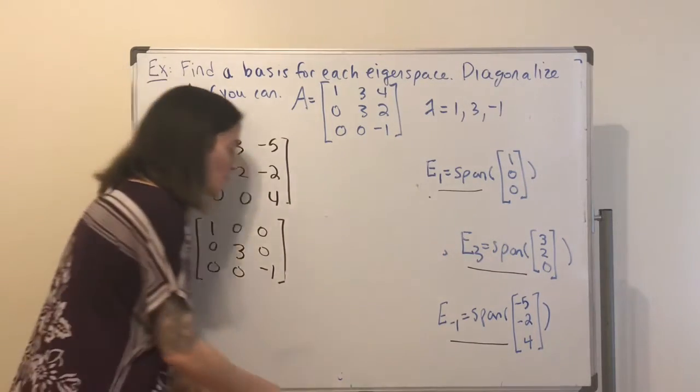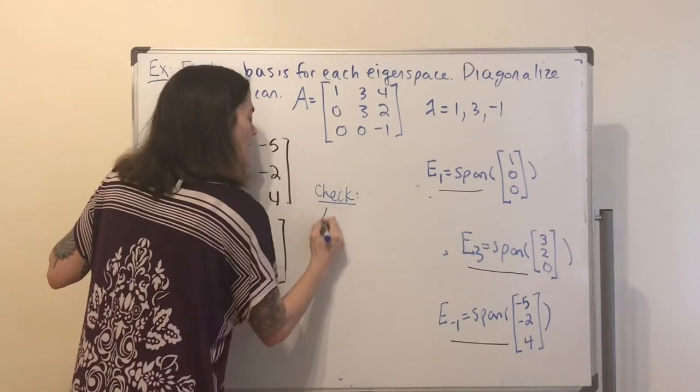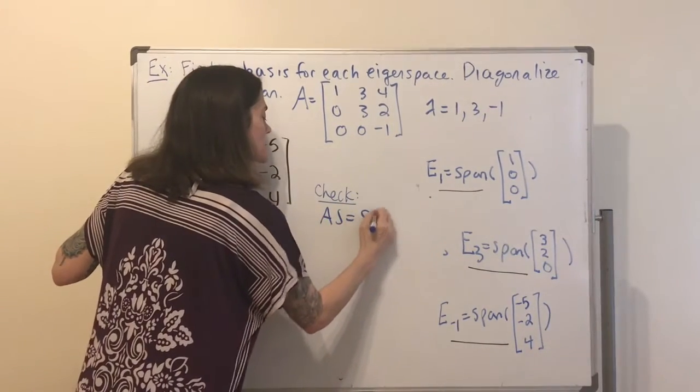And then, if you want to check that AS equals SB.